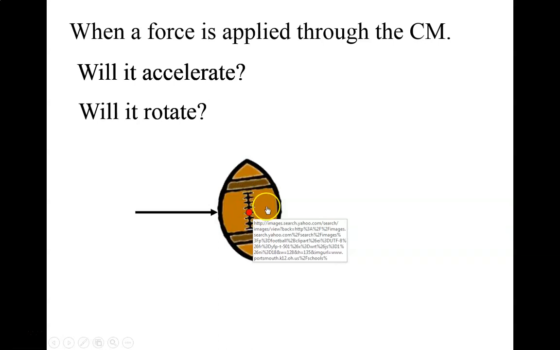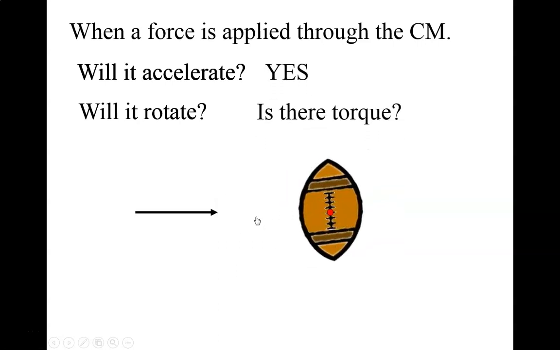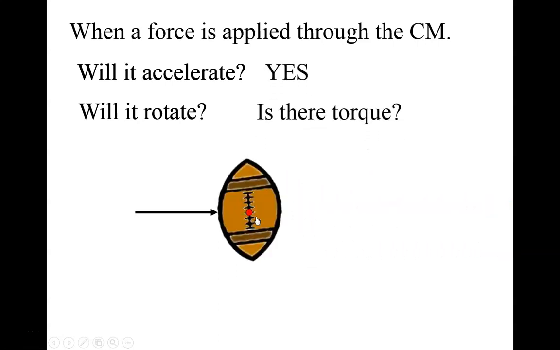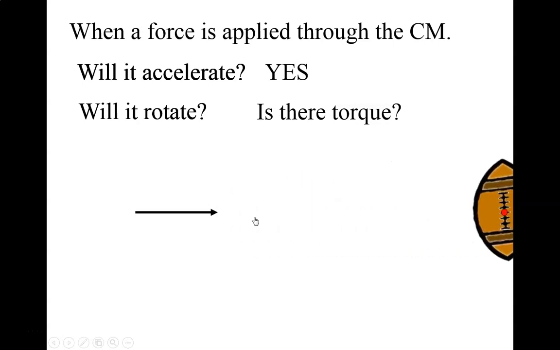It's going to take off. Will it rotate? The answer is no, because the force points through the axis of rotation, through the center of mass, center of gravity, so it will simply take off like this. It'll just take off like that.